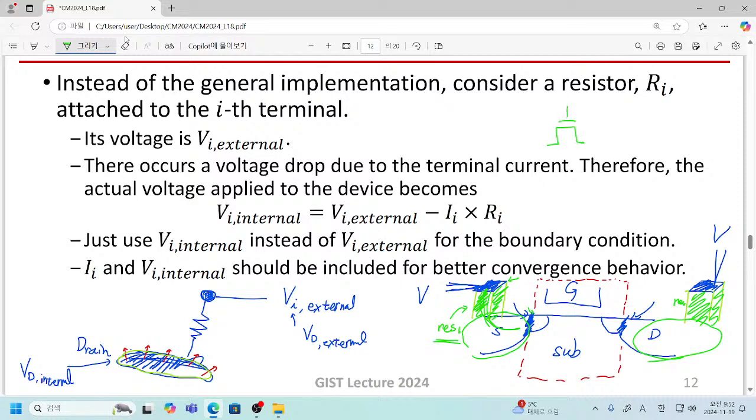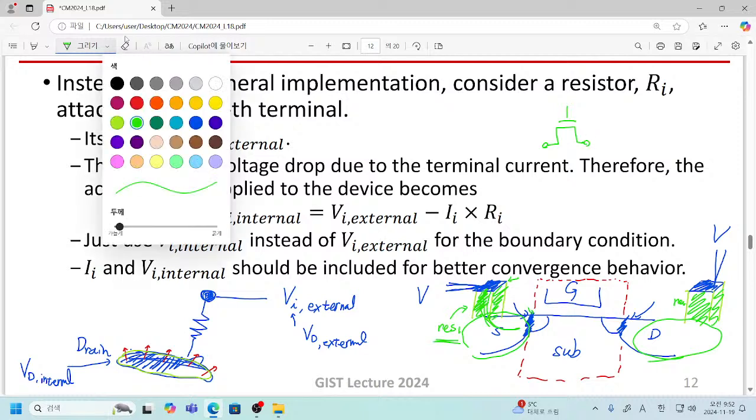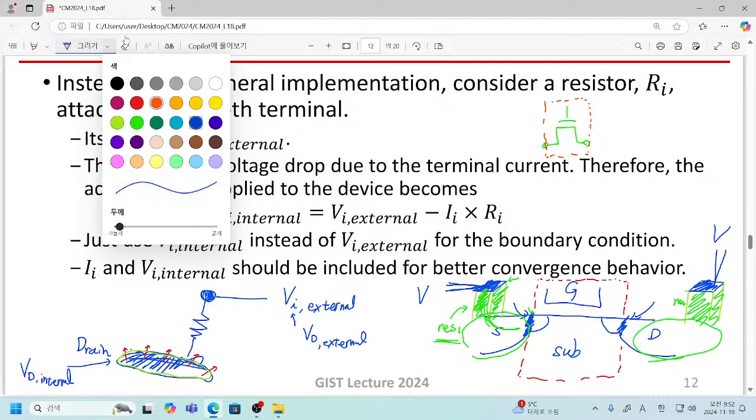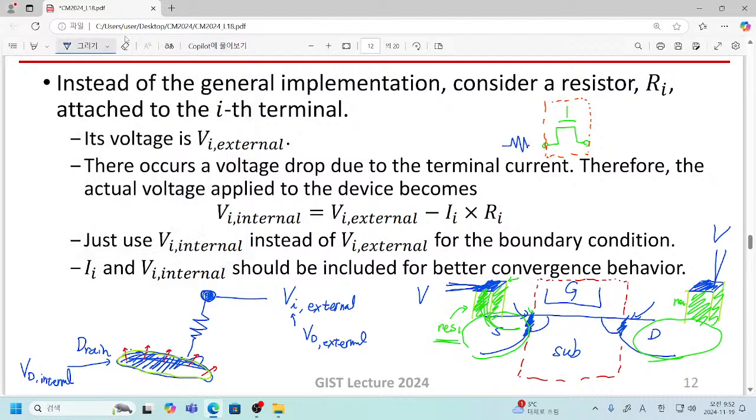Here we have a good model for the internal device. This one is actually corresponding to the red boxed one in my drawing, and additionally we add more components to the source and drain, and they are called a parasitic source drain resistance, or sometimes access resistance, or whatever.